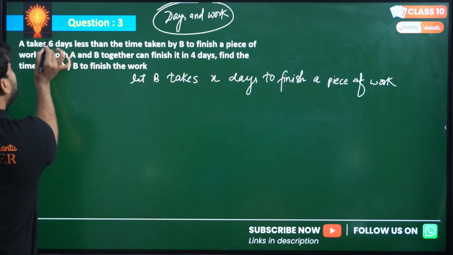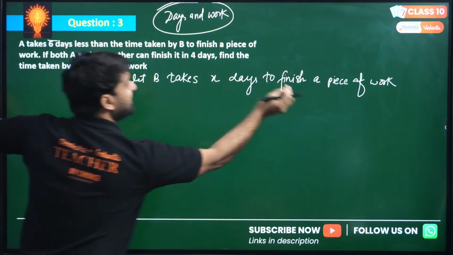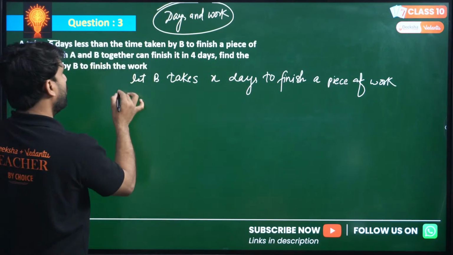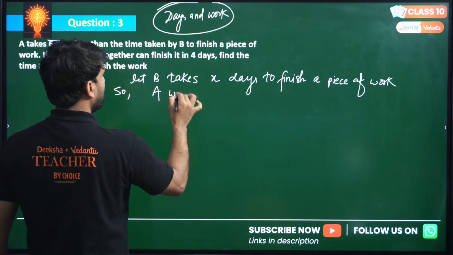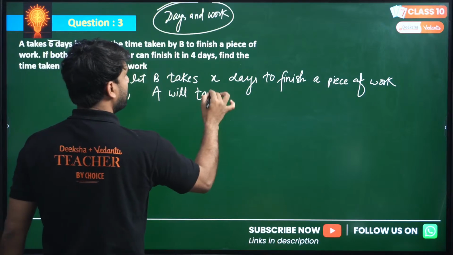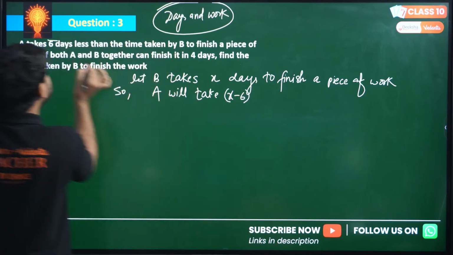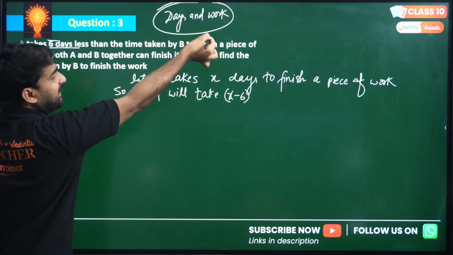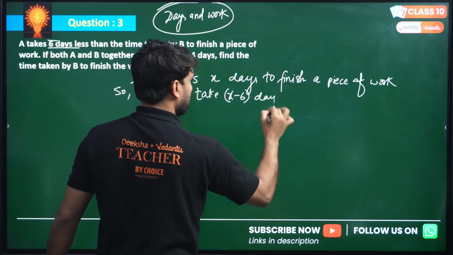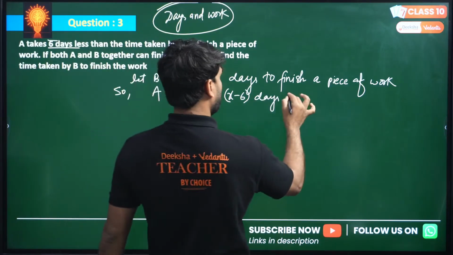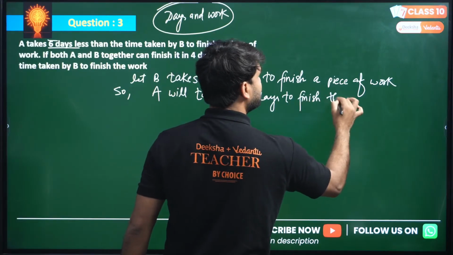So A takes 6 days less than B. So if X is for B, A will take X minus 6 days. This is 6 days less than B. So B is X, so A will be X minus 6 days to finish that same work.